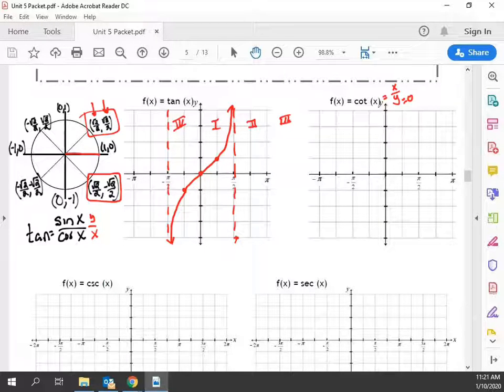Going around that circle to the left there, where is y equal to 0? The x-axis, right? So we have an asymptote at 0 radians and at pi.